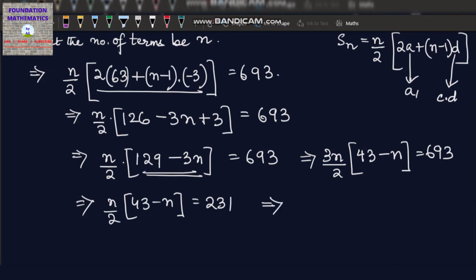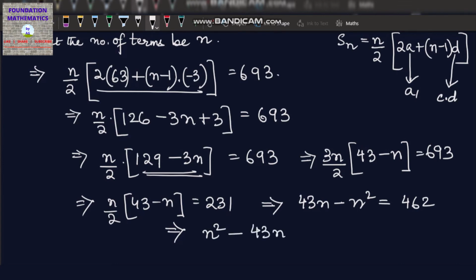So now we have 43n minus n square is equal to 462. So we'll get a quadratic equation in terms of n, which is n square minus 43n plus 462 equals to 0.